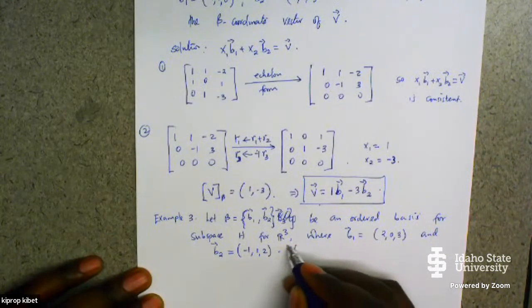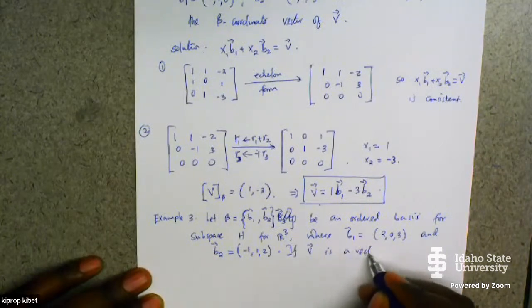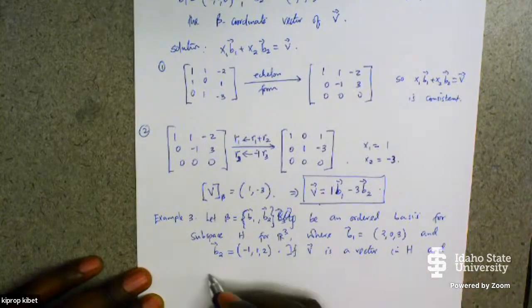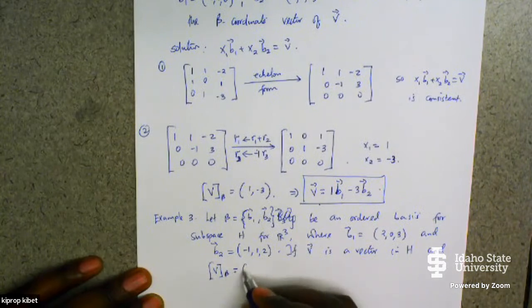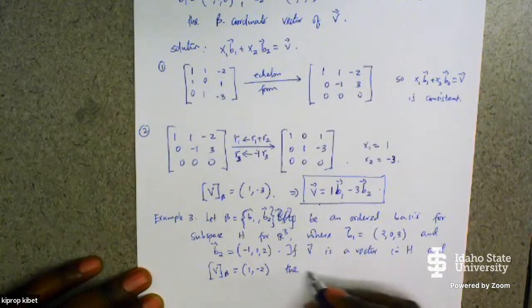If v is a vector in H and the B coordinate vector of v is 1 and -2, then find v.